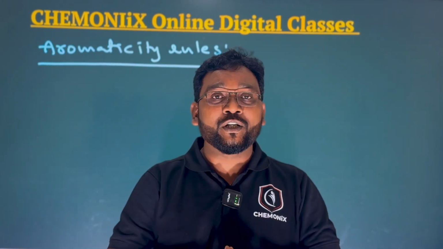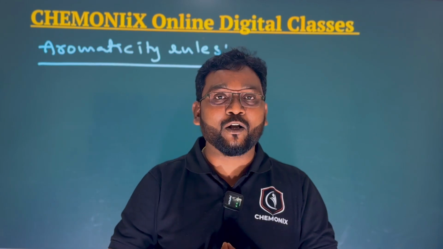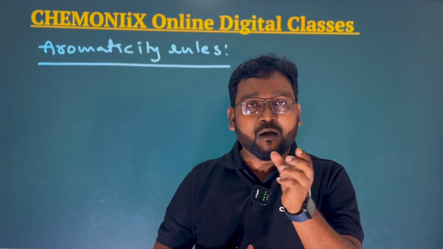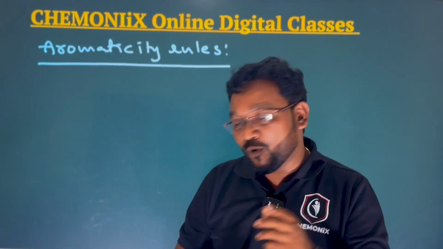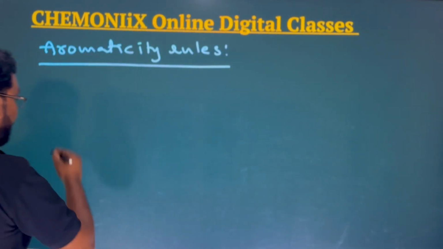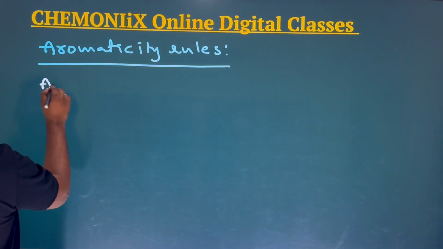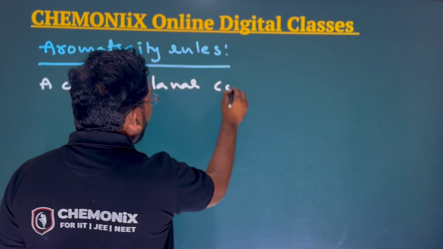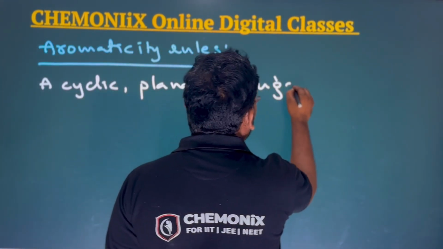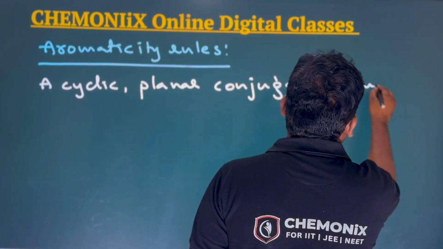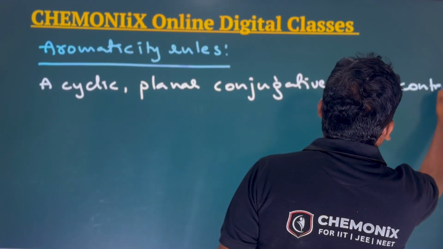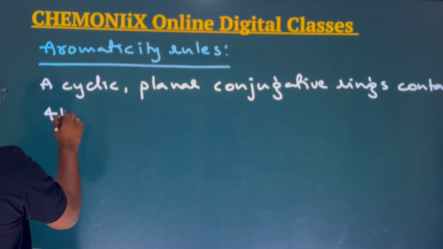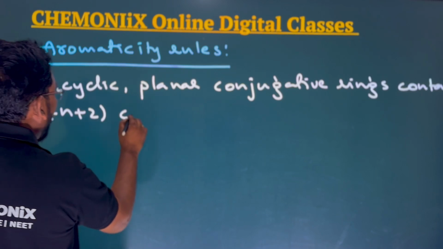If you know these things, it will be very easy to identify aromatic compounds. Now let me tell you these rules in a single statement. I will write the rules of aromatic compounds and anti-aromatic compounds one by one. Aromatic compounds are those which are cyclic, planar, conjugated rings containing 4n plus 2 conjugated pi electrons.